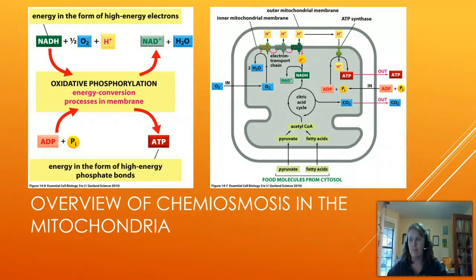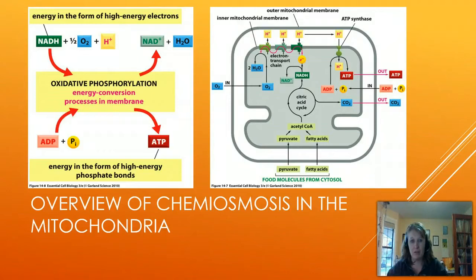Now, how does this occur? NADH and FADH2 are going to reach the electron transport chain, which is, for all intents and purposes, three main proteins that they're going to drop off the electrons, and these electrons are then going to pump protons across the membrane and allow those protons to come back through ATP synthase.